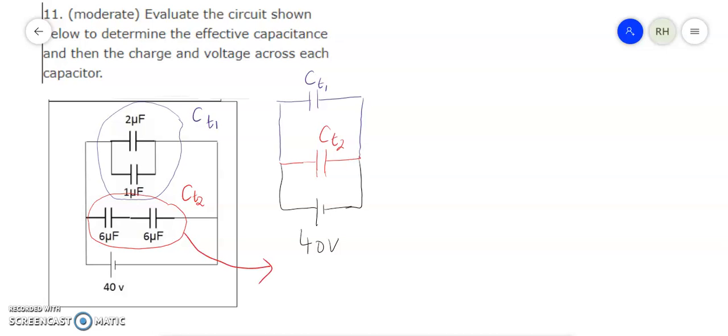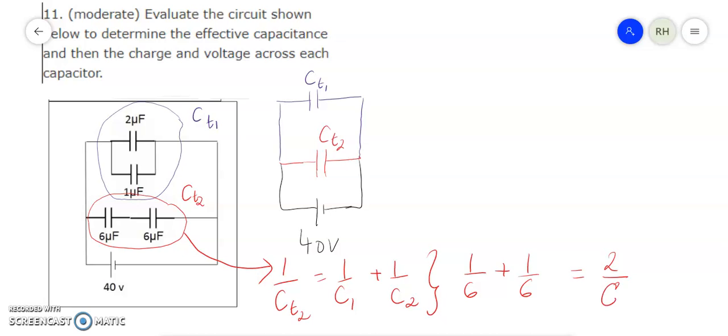When it's in series, we know that 1 divided by CT2 is equal to 1 divided by C1 plus 1 divided by C2. Once you solve it, it's going to be 1 divided by 6 plus 1 divided by 6, which is 2 by 6. And when you simplify 2 by 6, it's going to be 1 divided by 3.